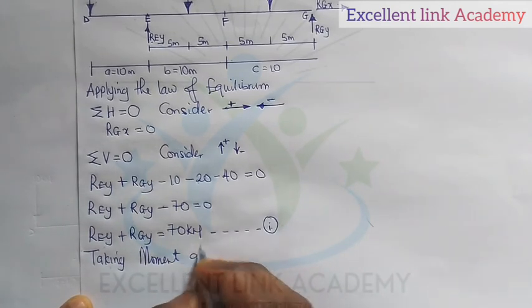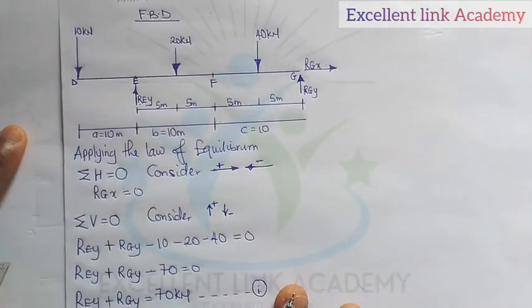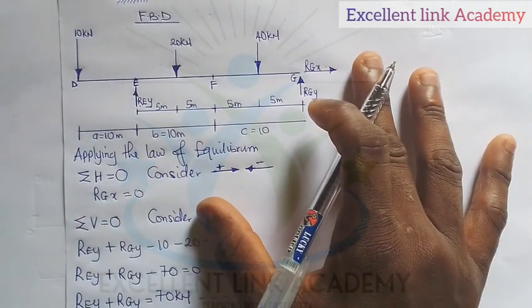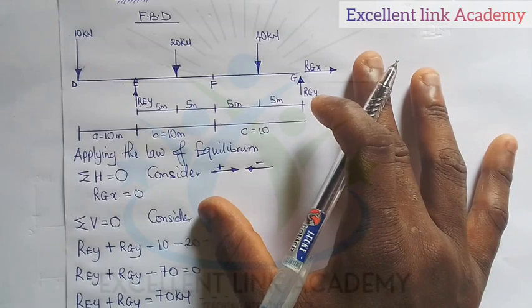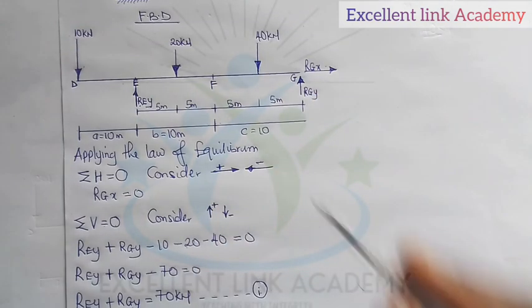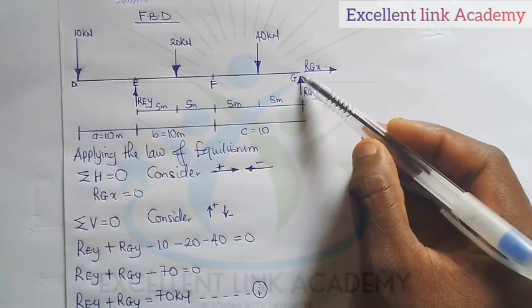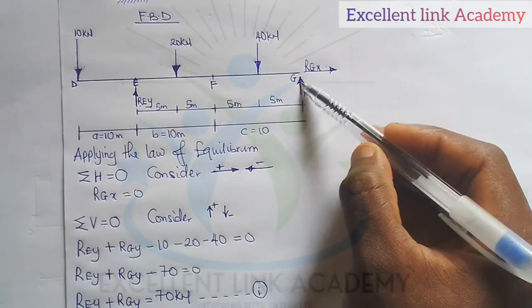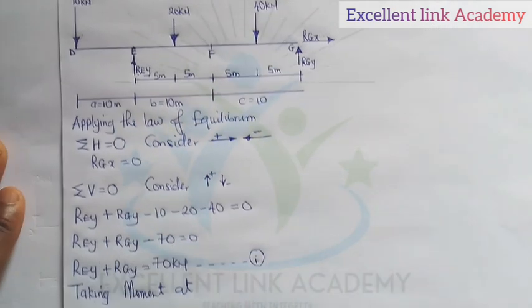You can take moment at any given point, but my advice to every student is to always take moment at the point that has two reactions, horizontal and vertical. So our advice is to take moment at G. Why? Because G has two reactions.